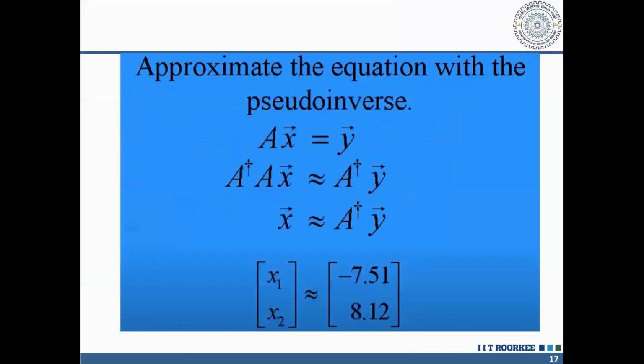And then your solution is going to look something like this. You multiply both the sides with the pseudo inverse of A, and A pseudo inverse into A becomes identity, and you're left with the solution, the closest approximation of your x vector, right?